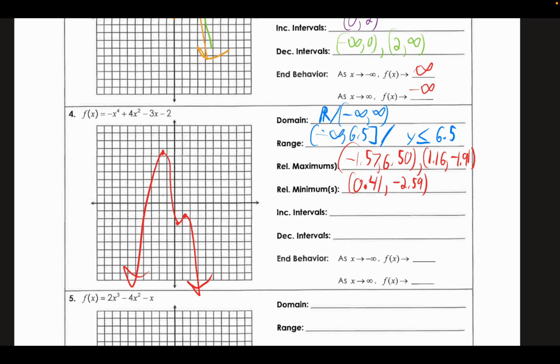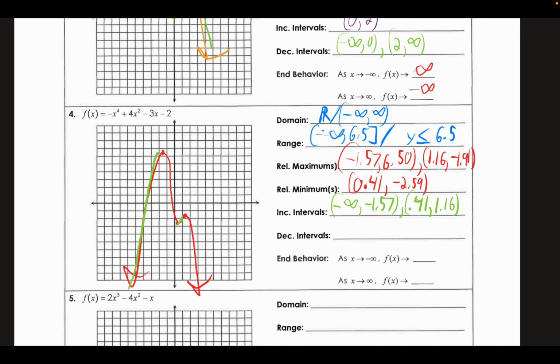The increasing intervals would be from forever left to the relative maximum, and then between the relative minimum and to the right to the next relative maximum. So that would be negative infinity to negative 1.57, as well as from 0.41, comma 1.16.